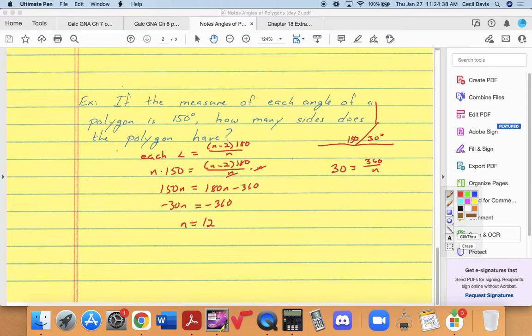Isn't that going to be an easier thing to solve? Not that the other one was terrible. Multiply by n. We've got 30n is equal to 360. Hey, look at that. Over here we had negative 30n equals negative 360. It's kind of cool that way that works out. So we get n is equal to 12 that way also. So either way is fine.